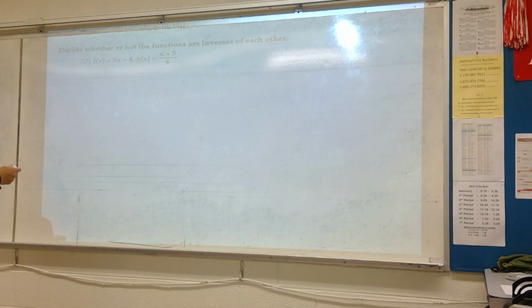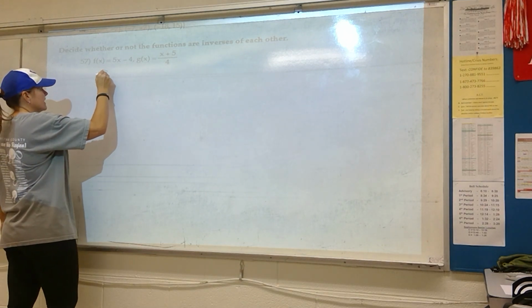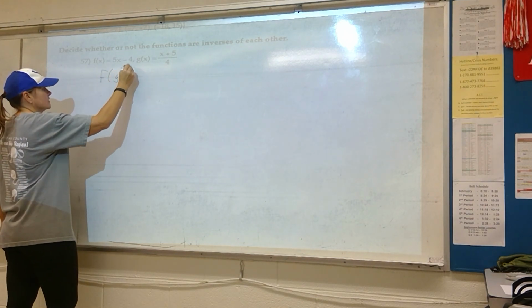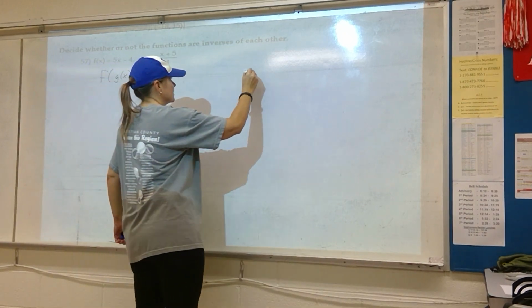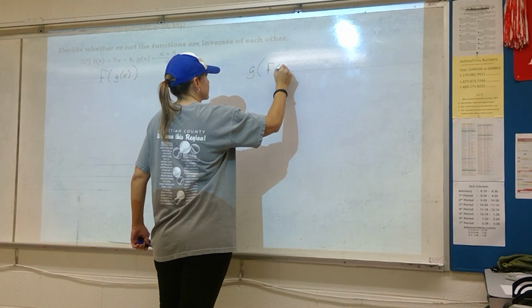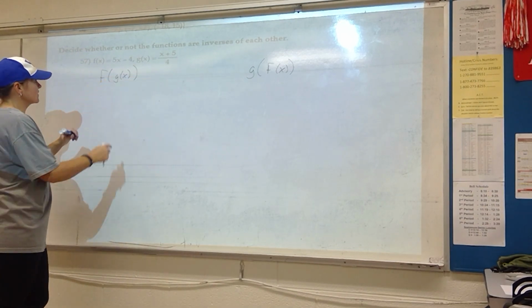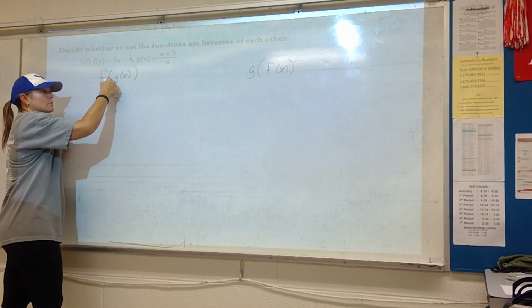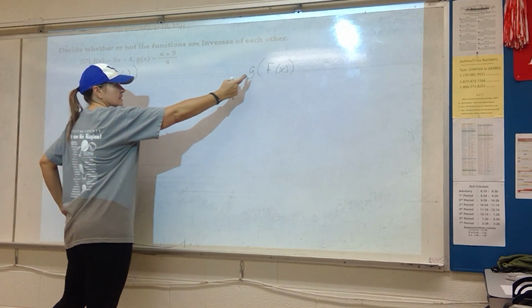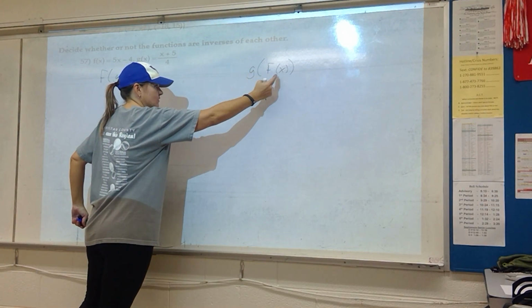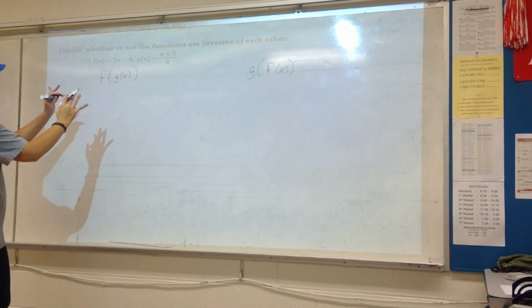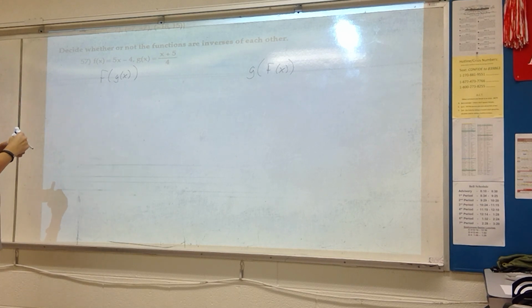You have to do the f of g of x, and you have to do the g of f of x. Now, if f and g are inverses, they would normally cancel, leaving you with x. But we want to solve it out algebraically and see if this composition does leave us with x.